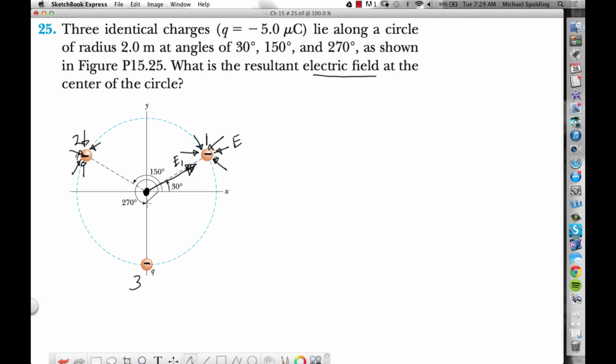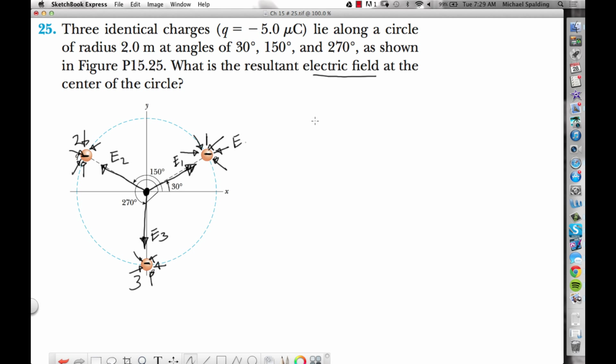So what's the electric field doing at the point we're focusing on from charge 2? The electric field due to charge 2 at the midpoint of the circle is going that way, right? E2. Charge 3 is also negative. Electric field's going in like this. So at the midpoint of the circle, which way is the electric field from charge 3? Going straight down like that.